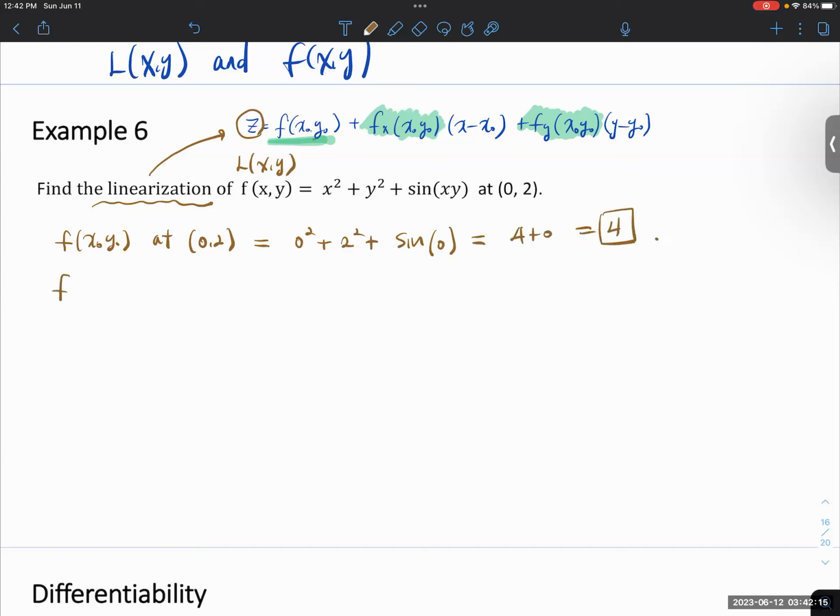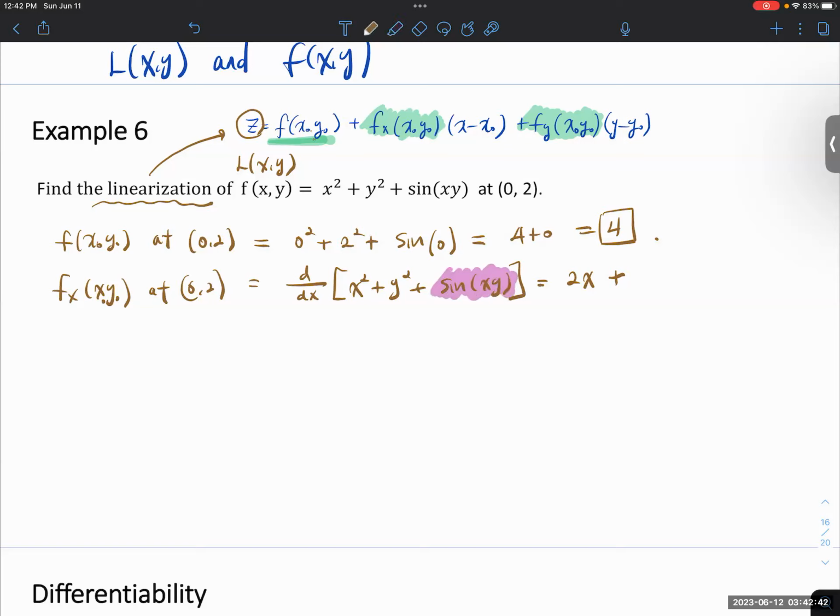And then the partial derivative with respect to x at (0, 2). So let's take a derivative first. f is x squared plus y squared plus sine xy. So now y is going to be the constant, so that's going to be 0. x squared will be 2x. And when you're taking the derivative of sine xy, this is the chain rule.